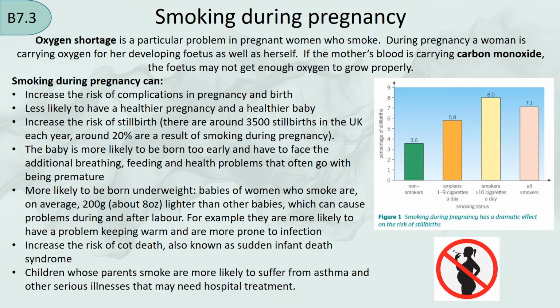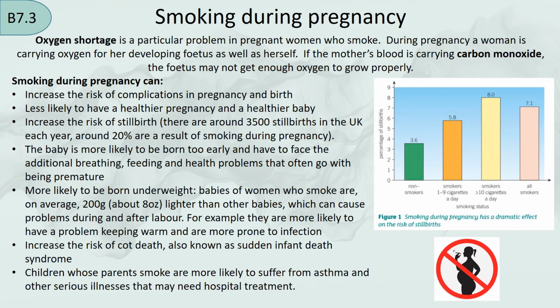quite a horrendous list of things that can go wrong for people who decide to smoke during pregnancy. Now we can see on the graph on the right hand side, going up the y-axis, we've got the percentage of stillbirths, and going along the x-axis, we've got different categories of non-smokers to smokers. So the green bar, the one with the least percentage of stillbirths, are for the non-smokers.